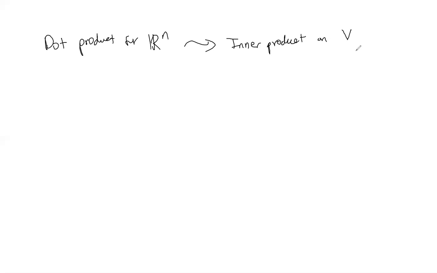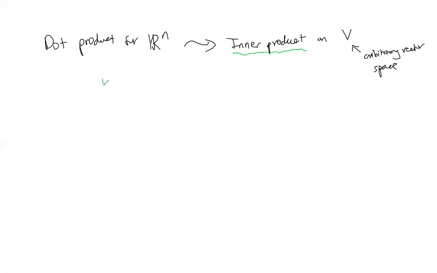This is an arbitrary vector space. For us, it's going to be a vector space of functions. And then we can just impose some additional structure on this vector space called an inner product. So what is this inner product?